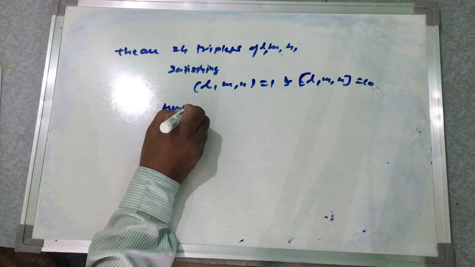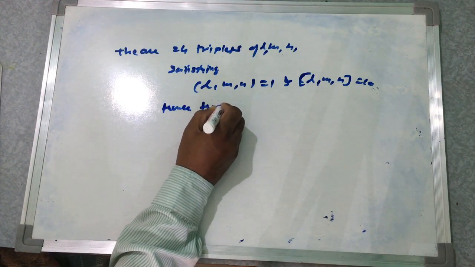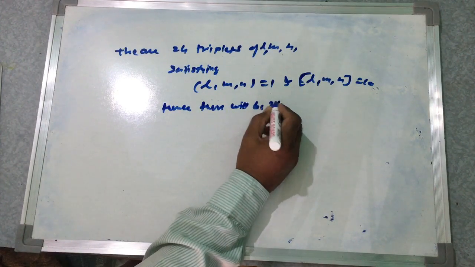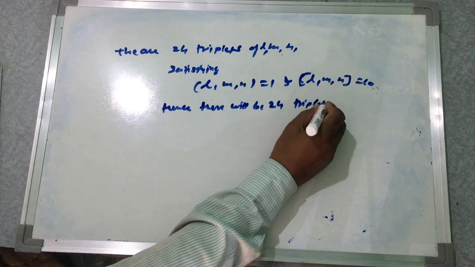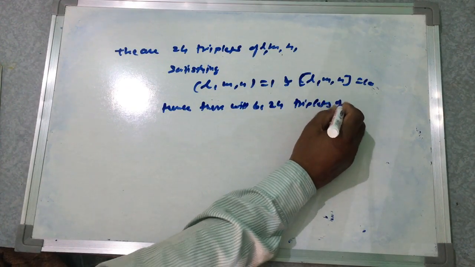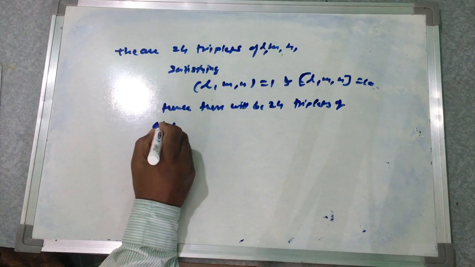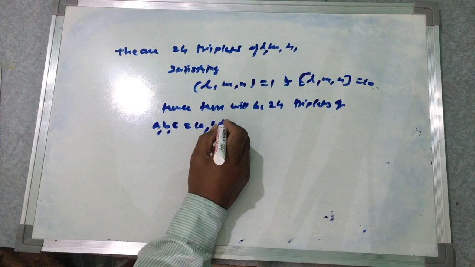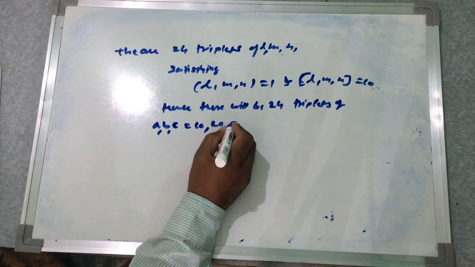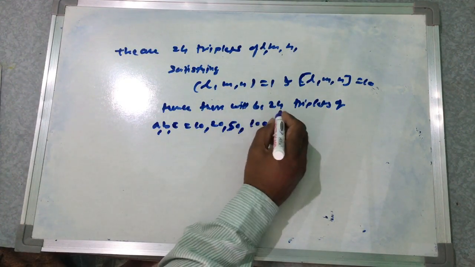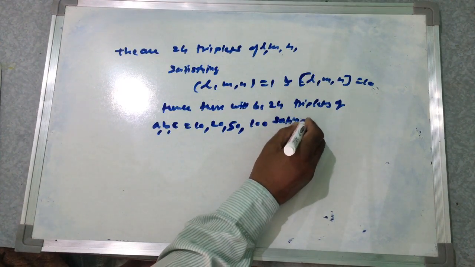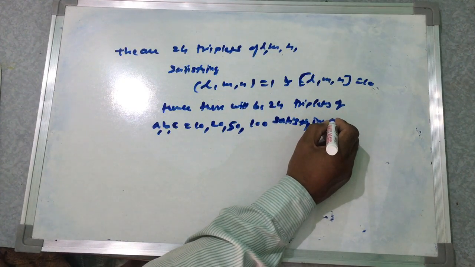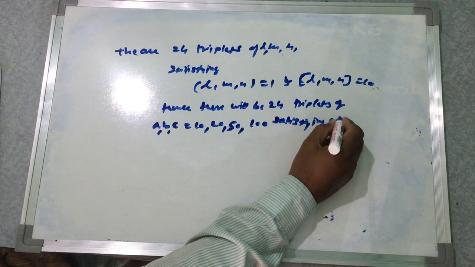Hence there will be 24 triplets of a, b, c from 10, 20, 50 and 100 satisfying the given equation.